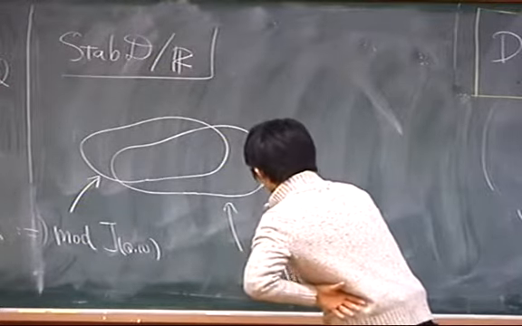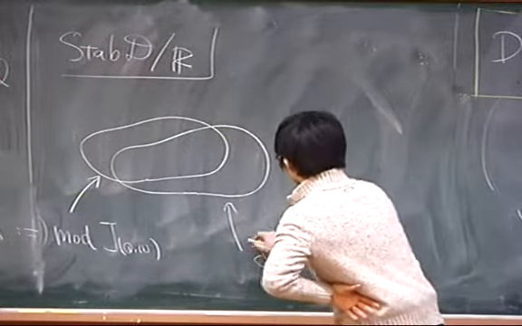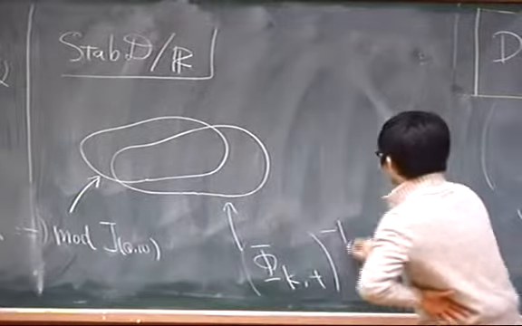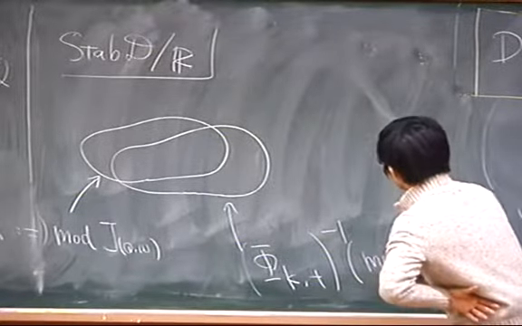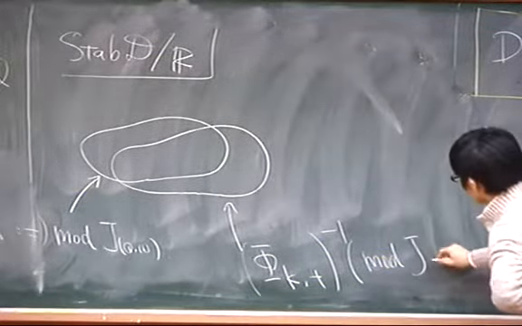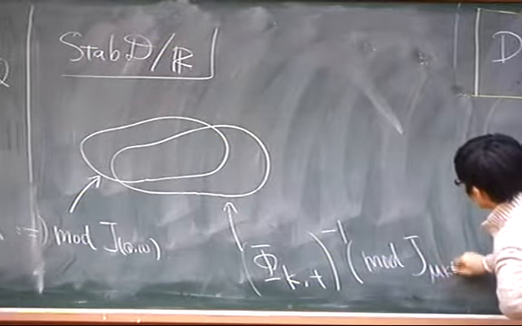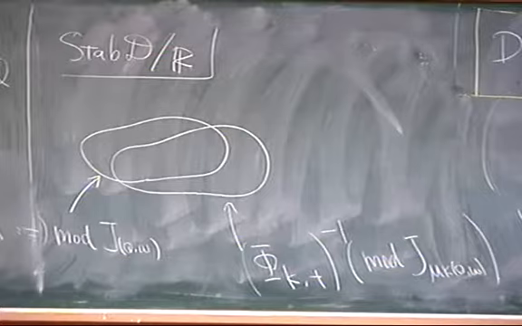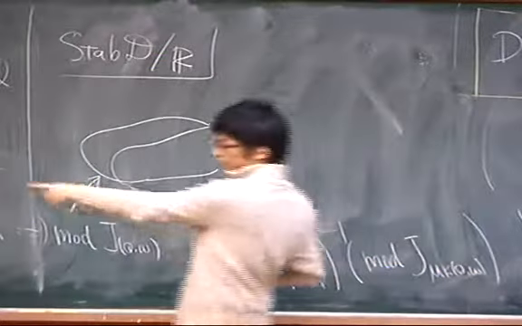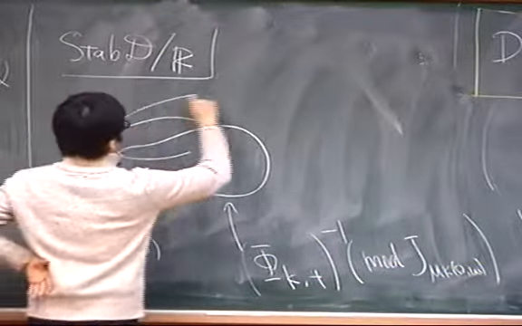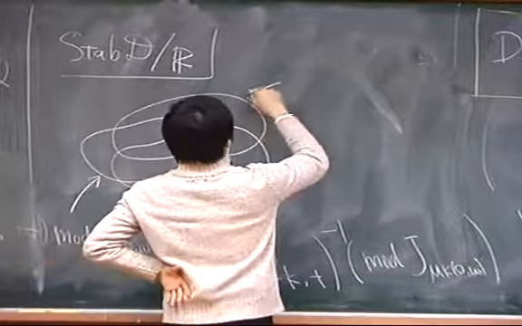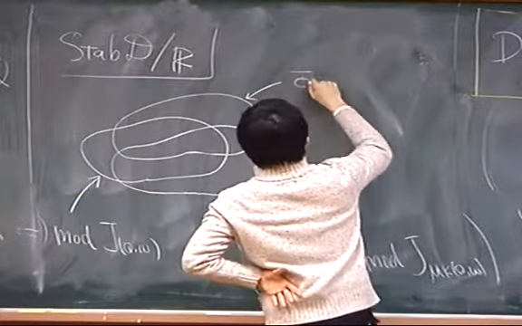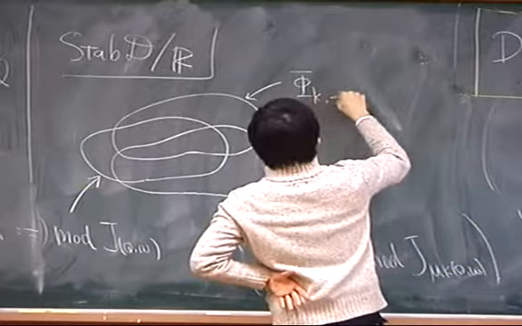And so here we have the module category for the mutated quiver. But actually we have two automorphisms, so two equivalences.